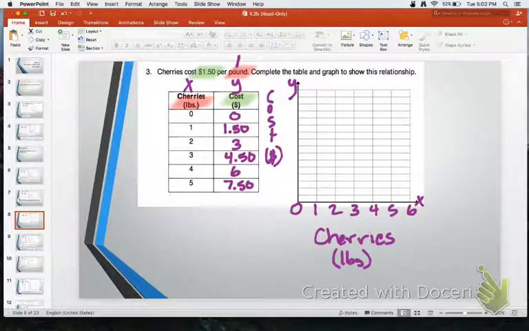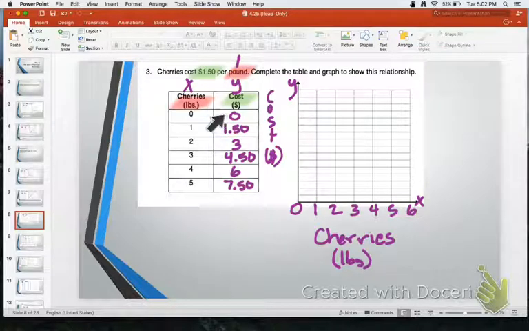Okay, now let's look at our y-axis. I have 1, 2, 3, 4, 5, 6, 7, 8, 9, 10, 11, 12, 13, 14, 15, 16. I have 16.